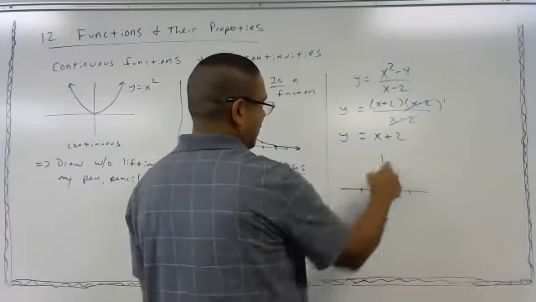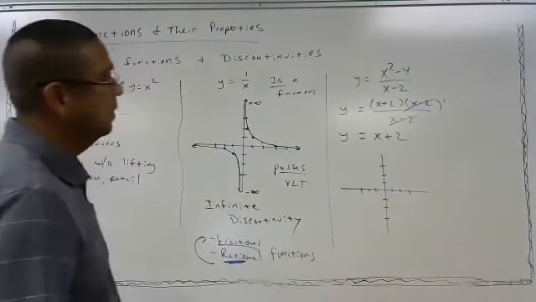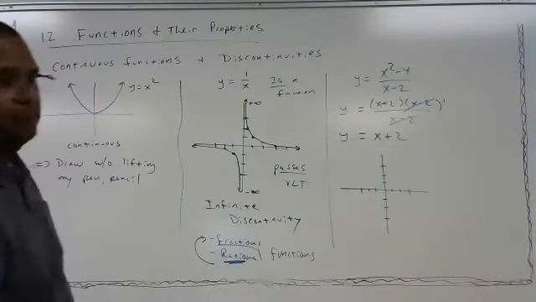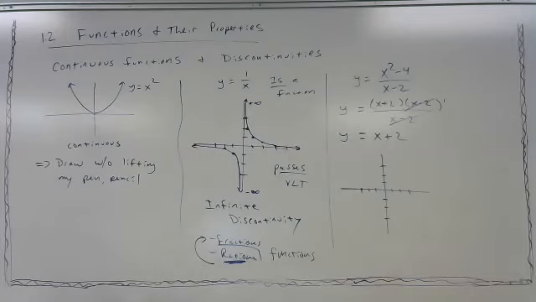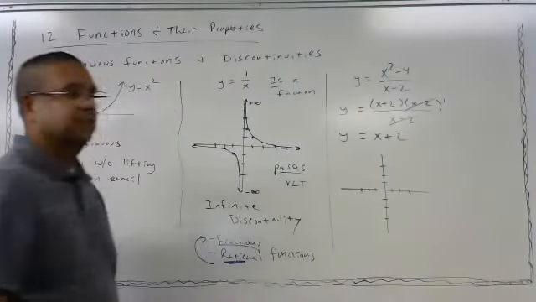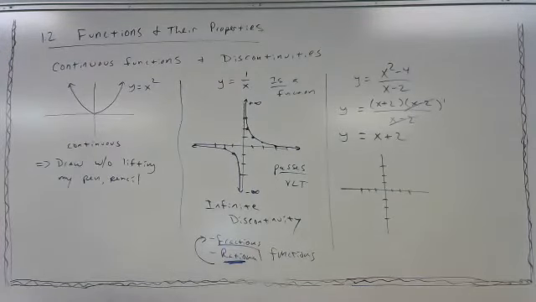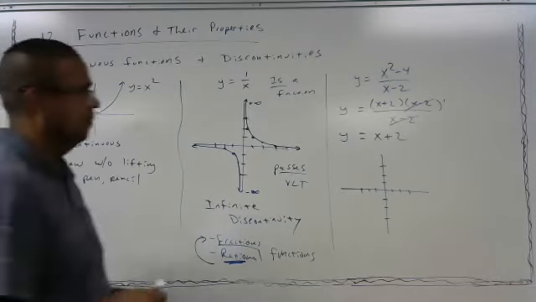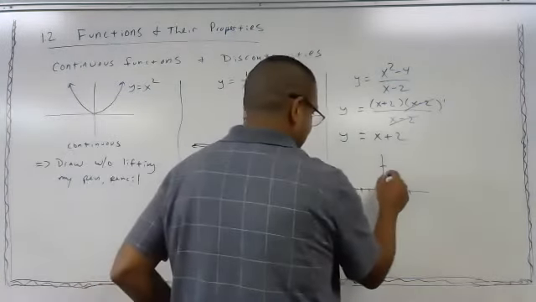So how do I graph y equals x plus 2? Oh, it's just a y-intercept of 2 and a slope of 1 over 1.